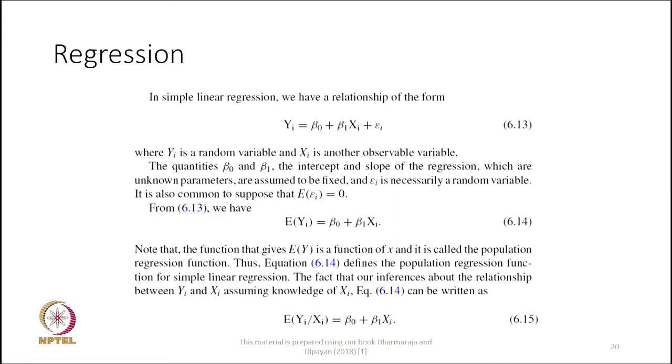So, one can write the expectation of yi given xi is equal to beta naught plus beta 1 times xi, assuming knowledge of xi's. You can write it as a conditional expectation of yi given xi, that is equal to beta naught plus beta 1 times xi.